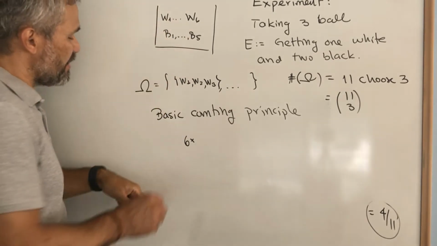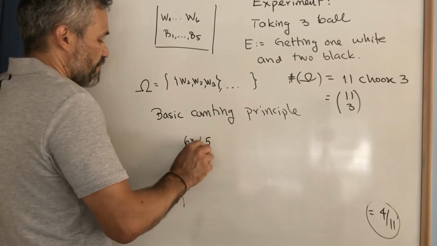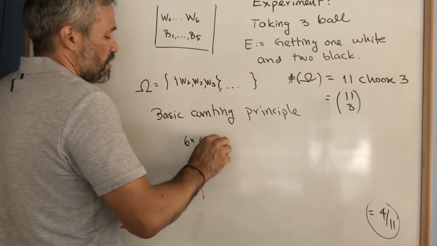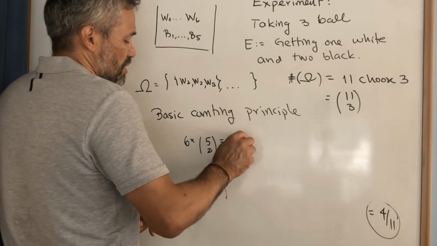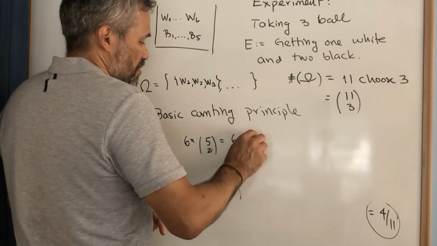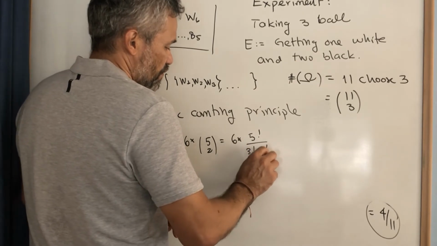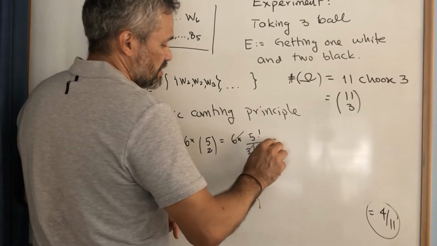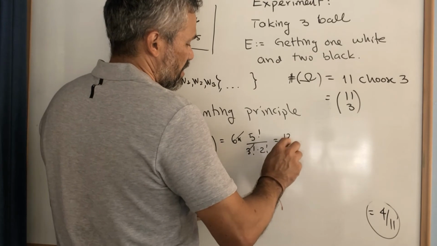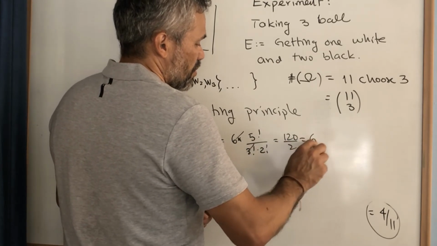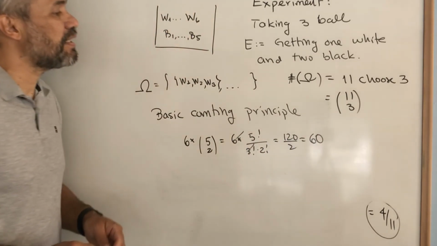We have 5. Then the answer will be 5 choose 2. Right? It will be 6 times 5 factorial over 3 factorial times 2 factorial. This is 6. Then it will be 120 over 2, which is 60.